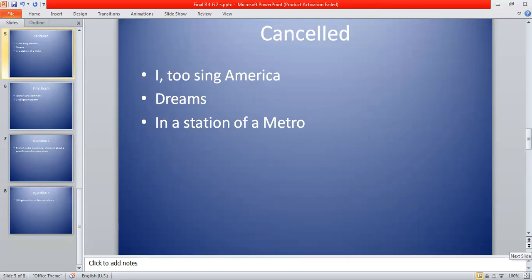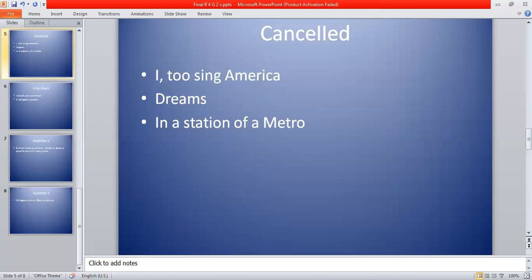They will not be included in the exam. Langston Hughes's I, Too, Sing America, Langston Hughes's Dreams, and Ezra Pound's In a Station of the Metro. All these poems are cancelled. They will not be included in the final exam.